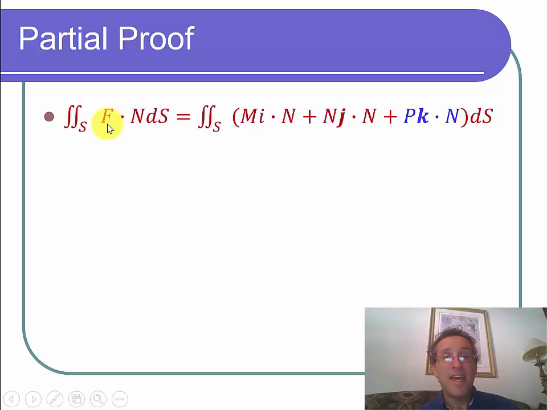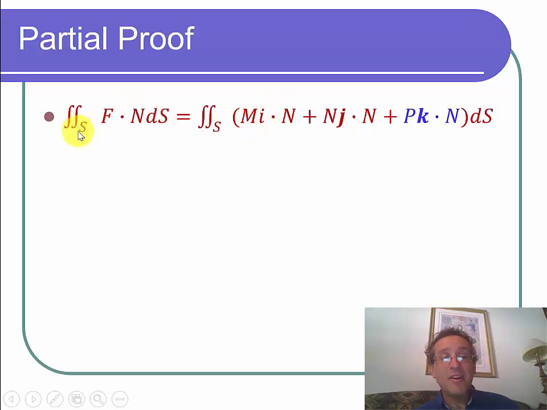That's Mi plus Nj plus Pk. It's a little bit awkward because when we write it in differential form, this N, the Nj, is different than the unit normal vector, even though we use the same letter. But because I'm not going to focus on that, it won't matter. We'll be all right.